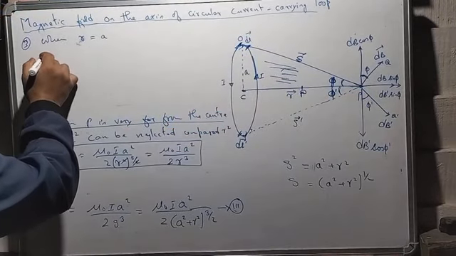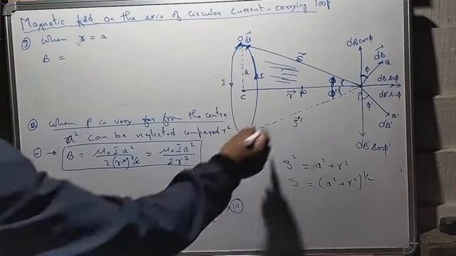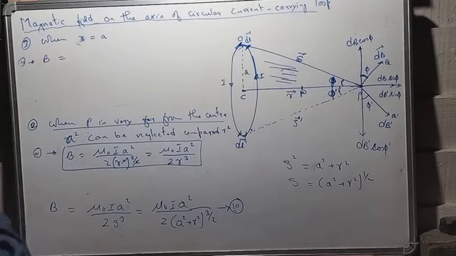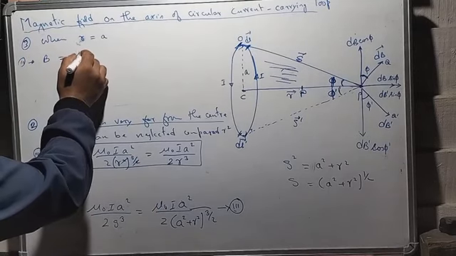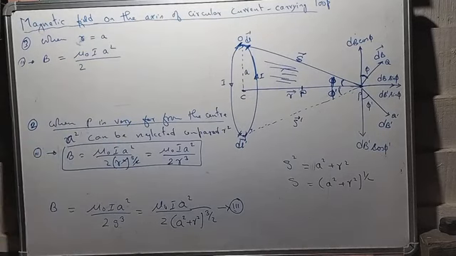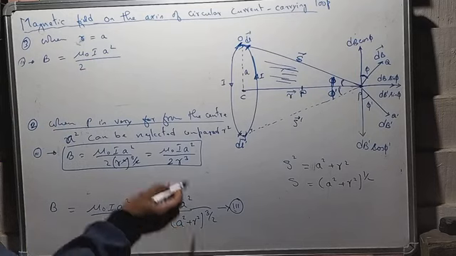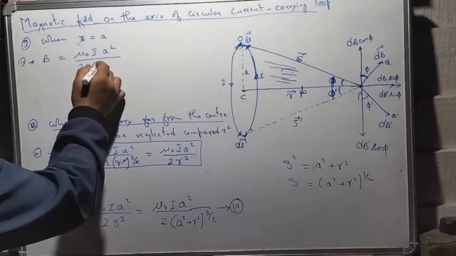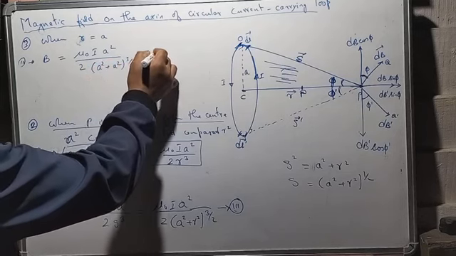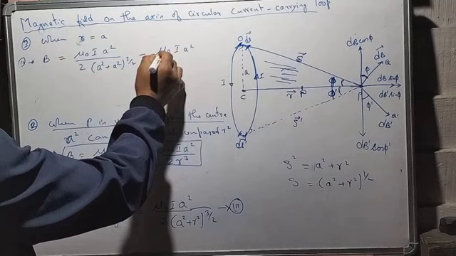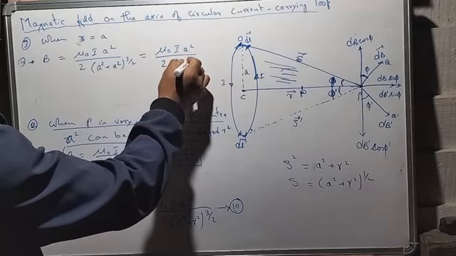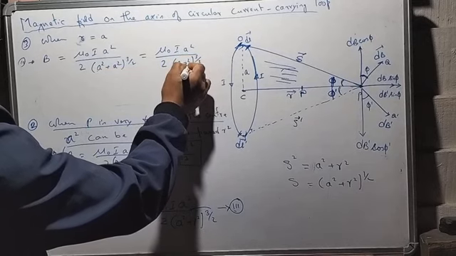So in that case, my magnetic field at this point, from equation 3, becomes B equal to mu naught I A square upon 2, and instead of r I'll write a. So we get a square plus a square to the power 3 upon 2. And this is equal to mu naught I a square upon 2 times, this is 2a square, to the power 3 upon 2.